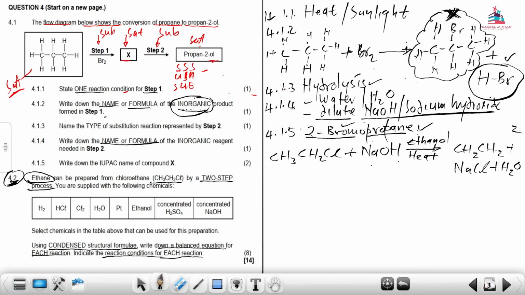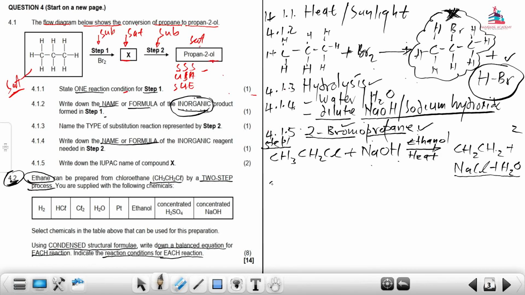So majority of people will forget about these two and only give that. We expect you to give out everything, because we can ask anything that relates now to this particular reaction. So remember, you will always have your double bond plus now your salt and water. So this is basically step one.